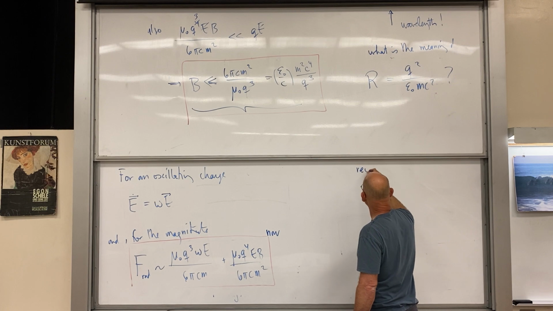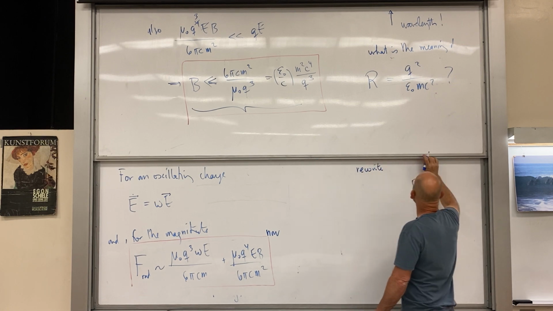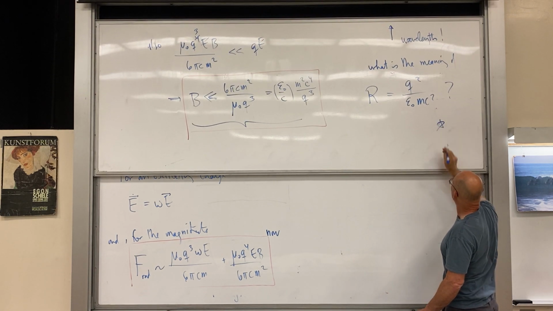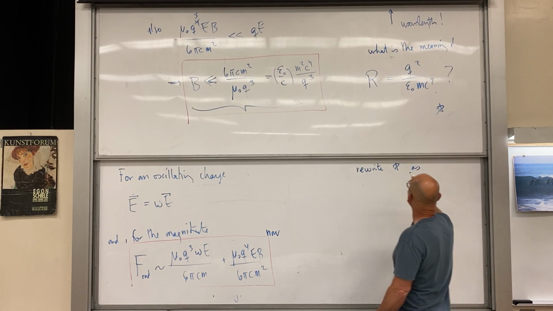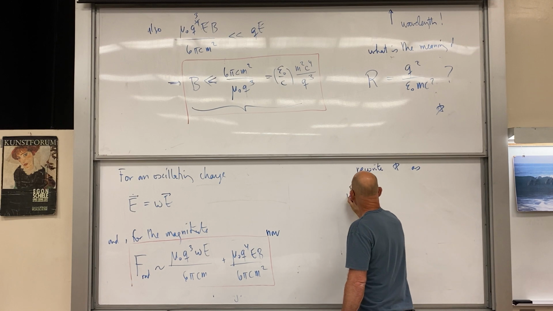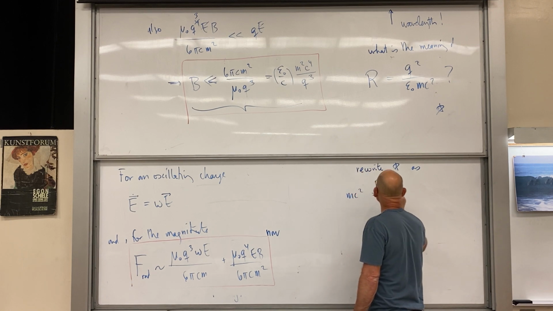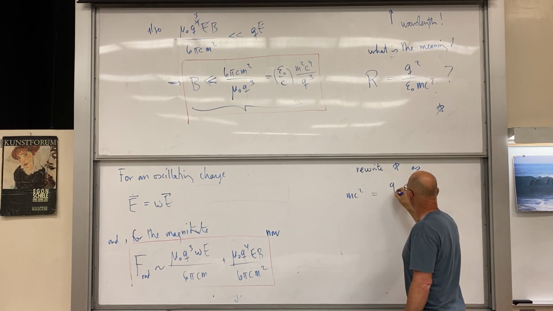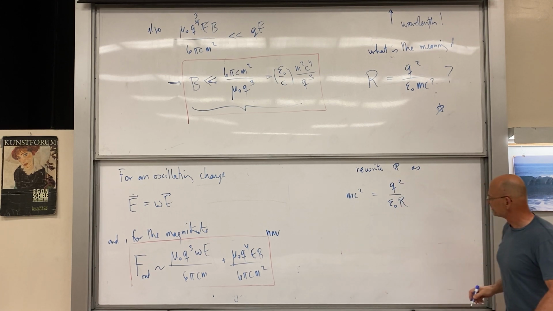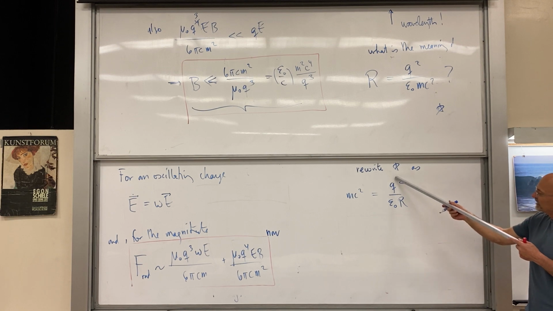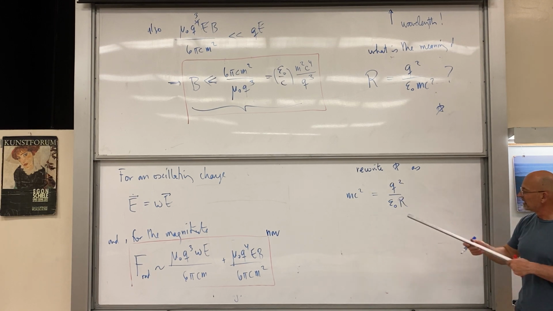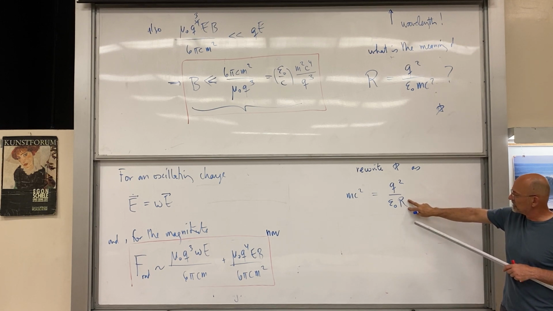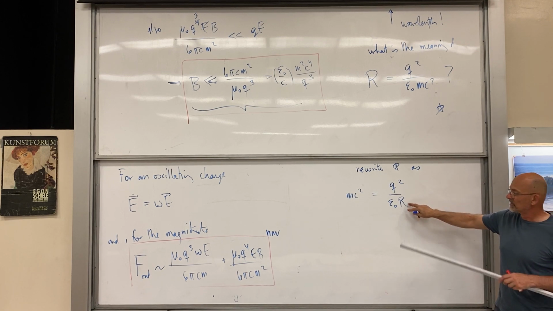Let's rewrite this equation star right here as MC squared is equal to Q squared over epsilon naught R. Okay. What we recognize this as is basically the energy of a very small charge distribution.